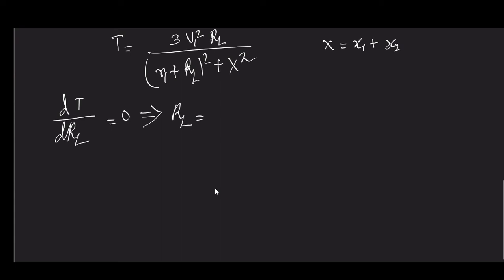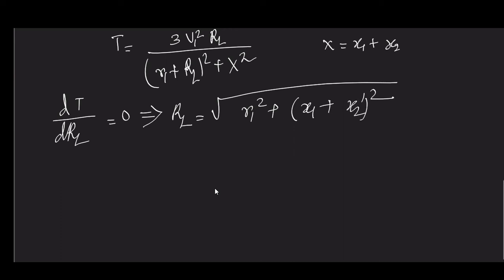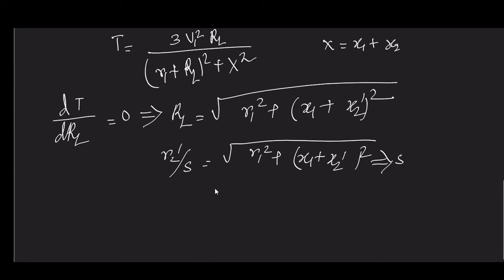If you do it, you will get the value of RL, which means your R2 dash by S will be as follows. This is an important formula.